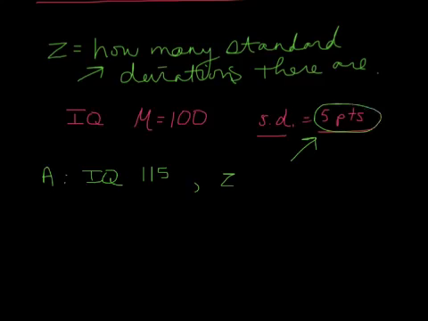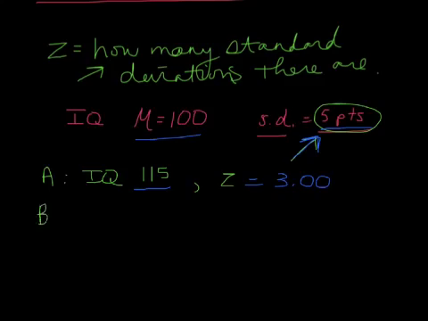So if the average is 100, and a standard deviation is 5, the z-score for somebody that has an IQ of 115 would be 3, because you are 3 of these 5-point chunks above average. 3 standard deviations above average. So that would be a z-score. And we always put z-scores, by the way, in hundredths, just like money. So 3.00 would be that person's z-score.